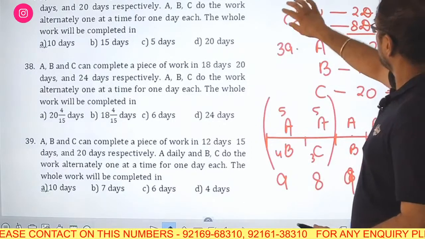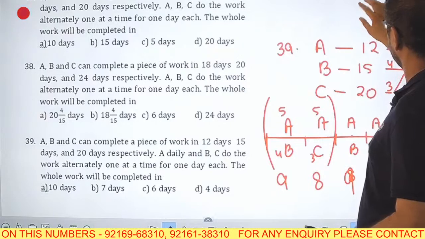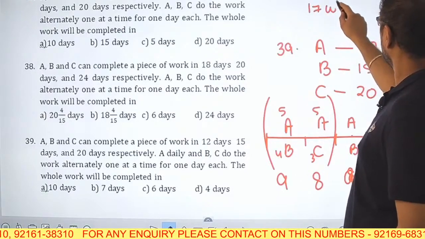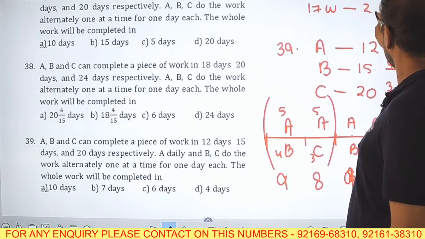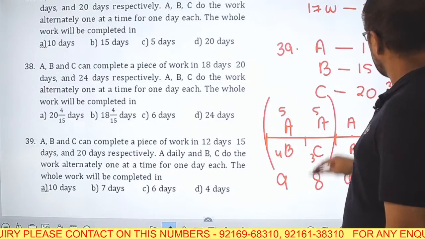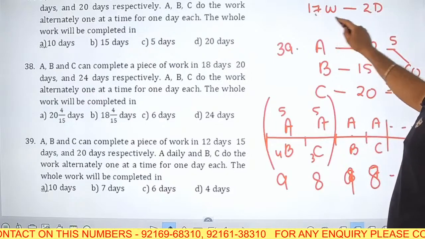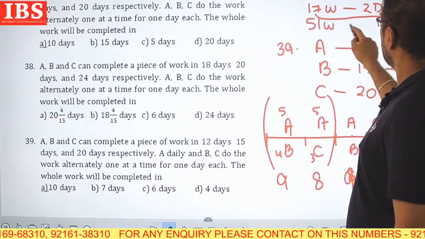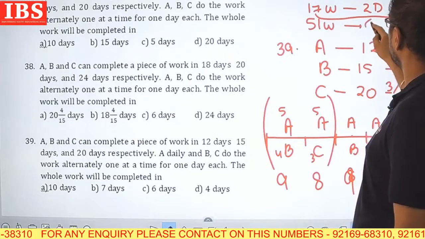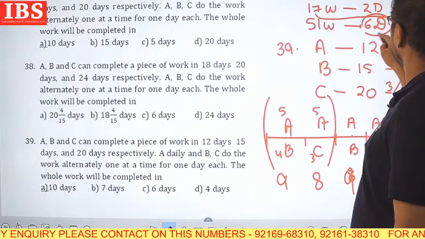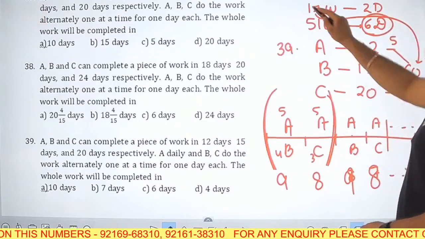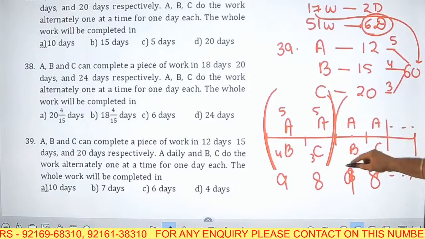So total will be 5 plus 9 plus 8, that is 17 work done in 3 days time. The exact multiple of 17 nearest to 60 will be 51. 51 work in 3 times, that means 6 days they will do 51 work. So this complete cycle is done 3 times.